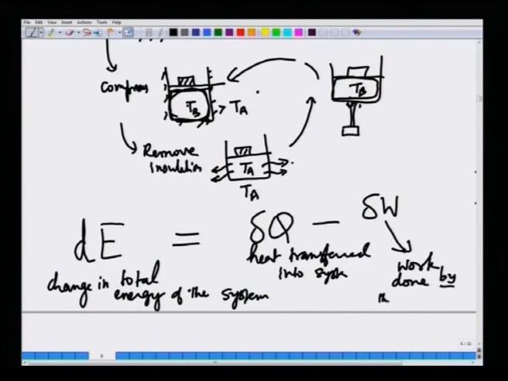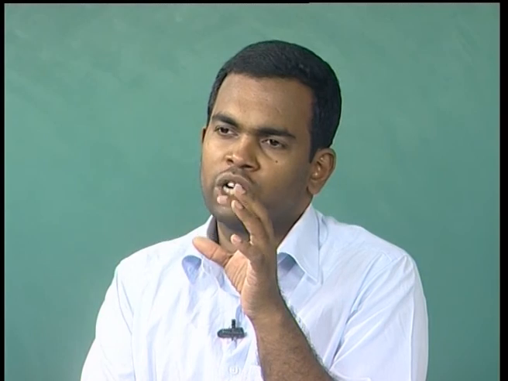So, in thermodynamics, in engineering thermodynamics at least, this work always involves a sign convention. So, one has to understand very clearly whether the sign convention is that work done by the system on the surroundings is positive, or whether it is vice versa.